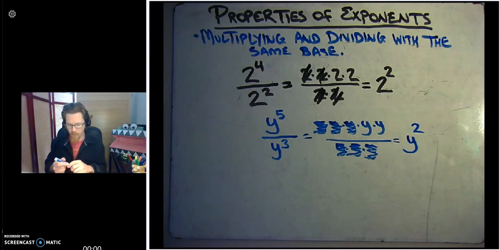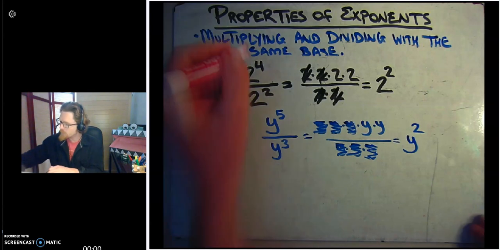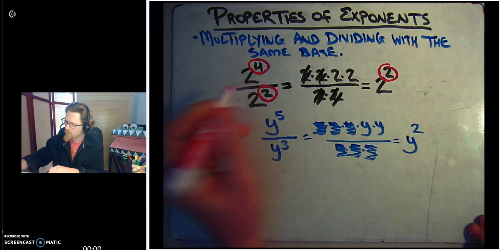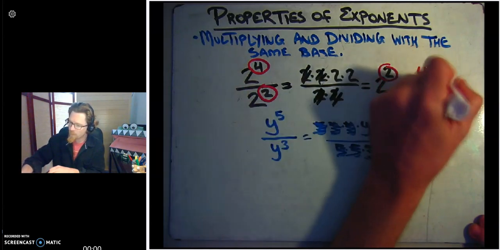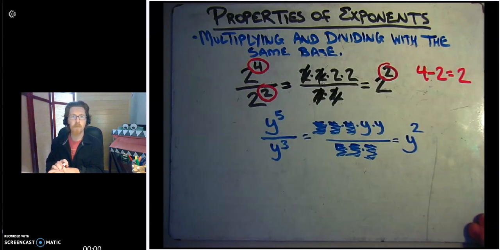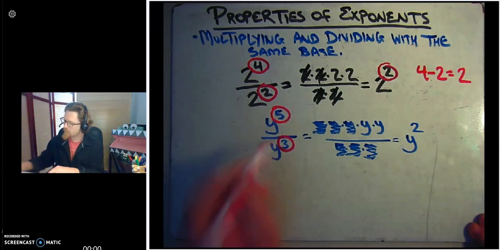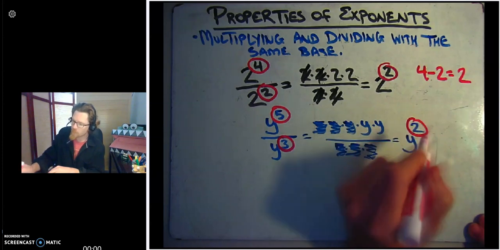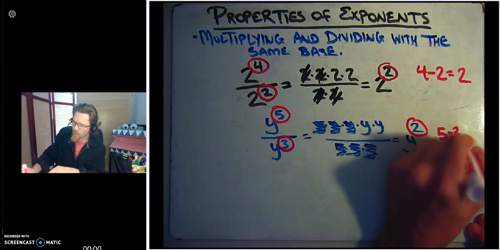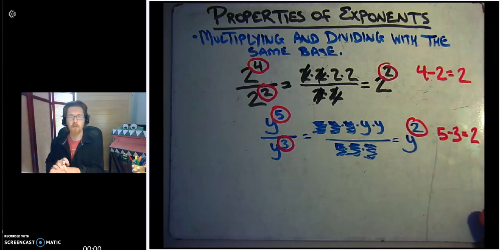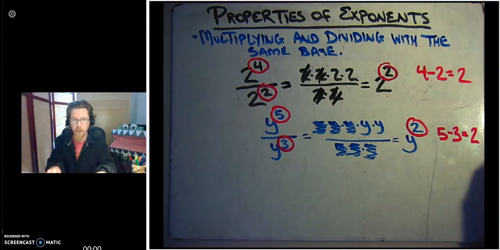Now let's take a look at this pattern. When we had an exponent of 4 on top and a 2 on the bottom, we ended up with a 2, and 4 take away 2 is 2. When we had a 5 in our exponent and divided it by a 3, we got an answer of 2, and 5 take away 3 is also equal to 2. So through this pattern, we're able to generalize and create a property of exponents.